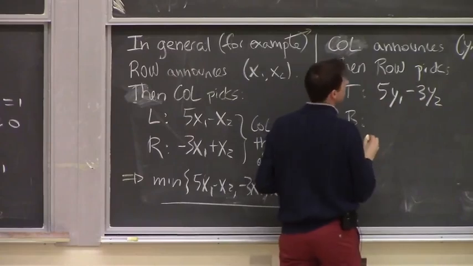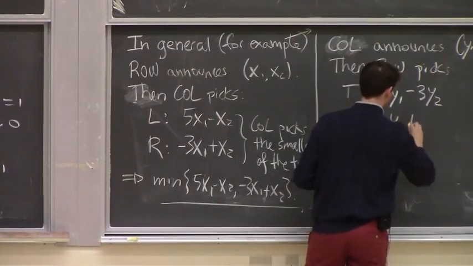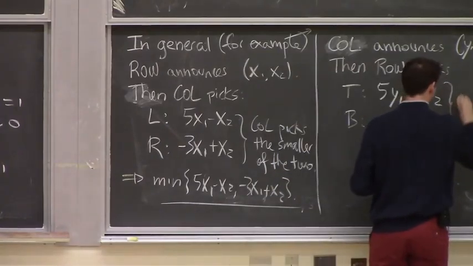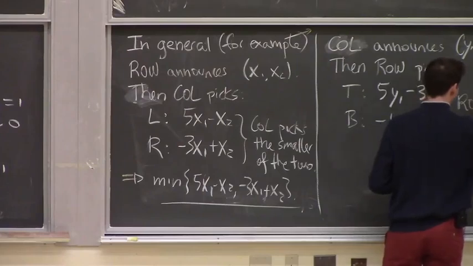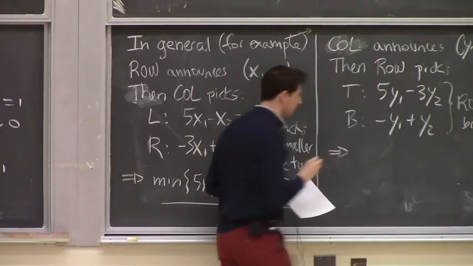OK. And in the bottom case, it will be minus y1 plus y2. OK. And row picks the bigger one. So the expected utility in this case is what?